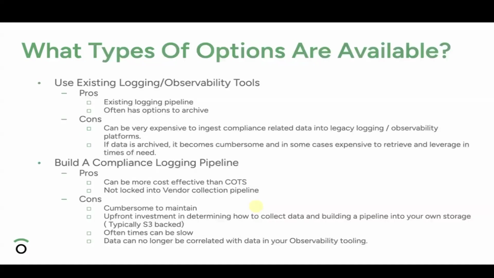So some of the things that I've seen as options that have tackled this problem in the past. One of them is just using your existing logging or observability tools. I have a logging background myself, so I've seen this attempted. Some of the pros are that a lot of the different platforms I leveraged had their own agents.